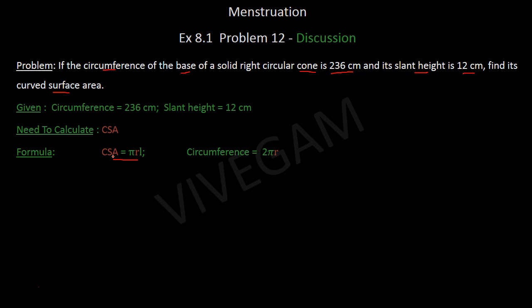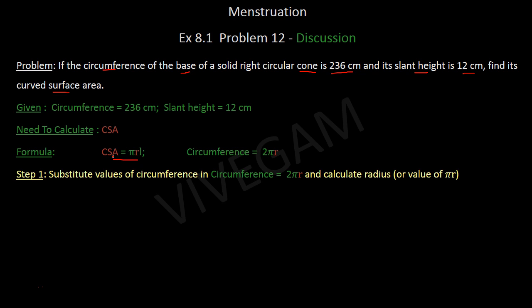Got it? So let me summarize the steps. Substitute the value of circumference in circumference equal to 2 pi r and calculate the radius. This part I will do a little later. Let's do the simpler part first.